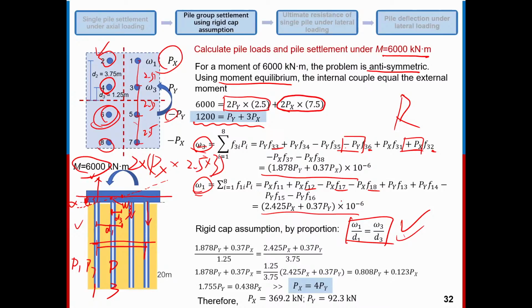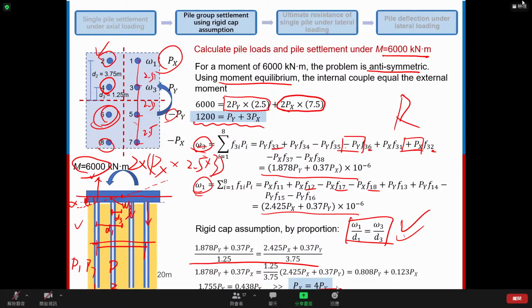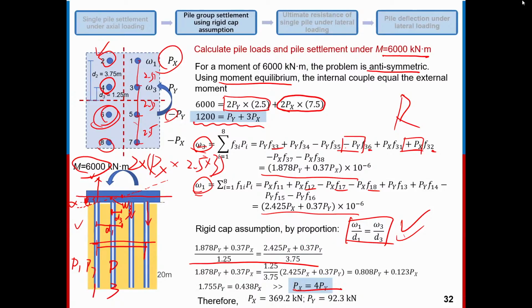Then we establish another relationship between Px and Py, so that we have two equations for two unknowns. Again, we get the result for Px and Py, should be no problem, because of the proportional relationship between the settlements. So we get these two results.